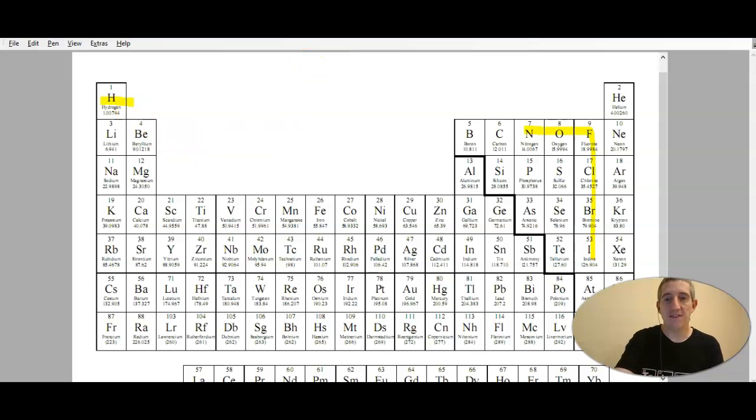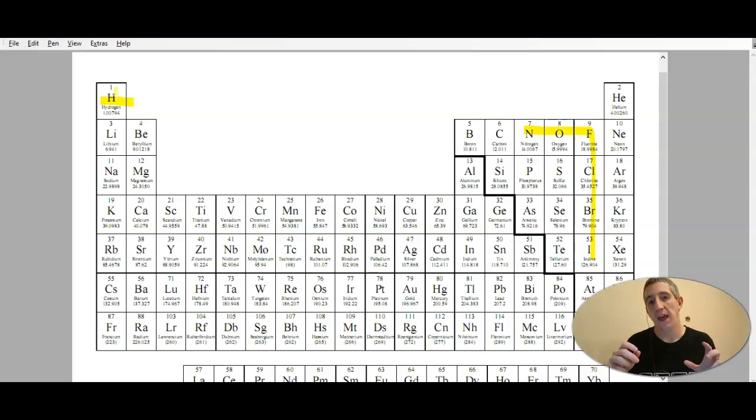Now, with these 7, these elements don't get smaller than the diatomics. There's 2 in our diatomics: N2, O2, F2, Cl2, Br2, I2, and H2. So while there are such things as atoms of oxygen, the oxygen that we breathe in is O2.